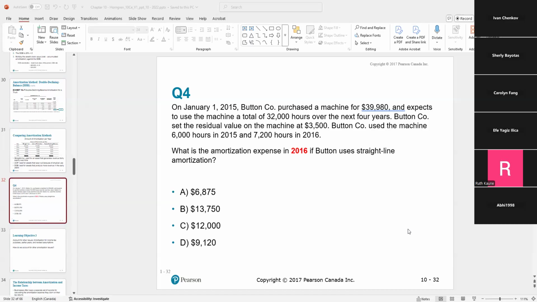Okay, I need another confirmation. Okay, we have the confirmation from two independent resources, and Joanna also confirmed it, so we're good. D is the answer. Great. Awesome.